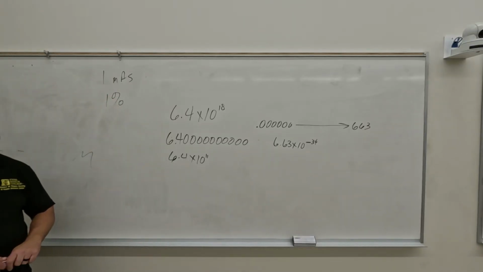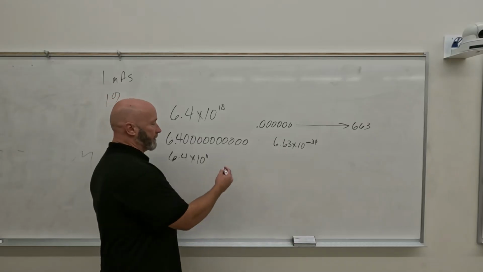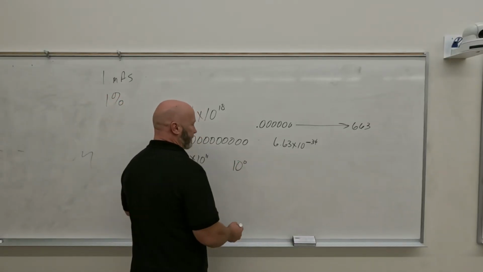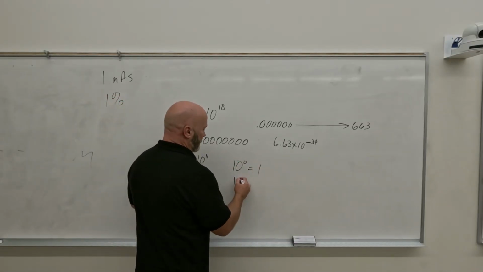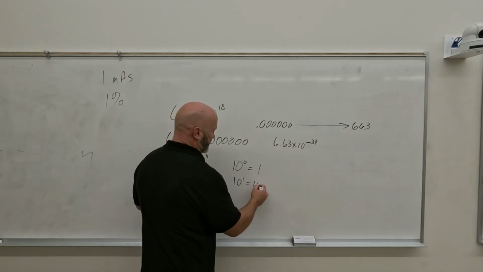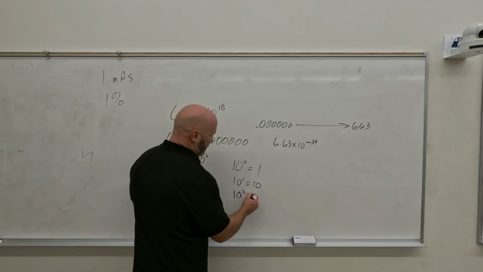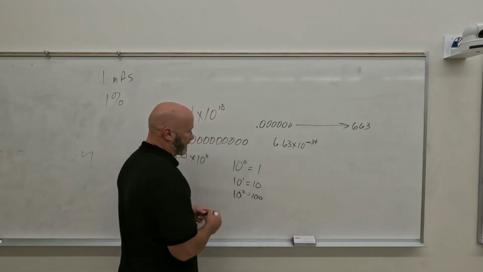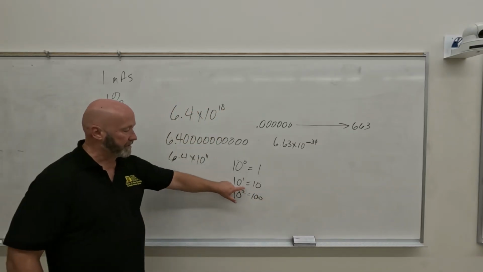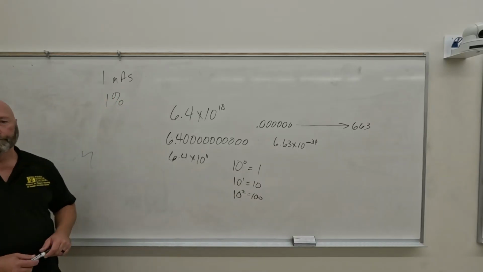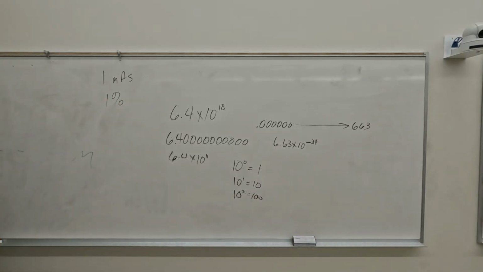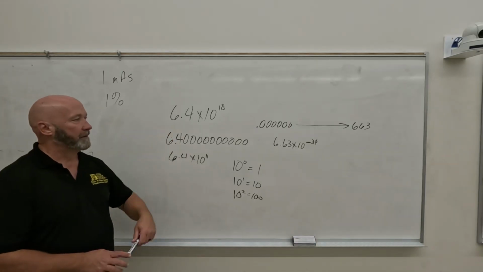Okay. Just other couple of little housekeeping things. 10 to the 0th power is 1, 10 to the first power equals 10, and then it goes truly exponential after that. 10 squared equals 100 and so on. So you just count the zeros essentially. You can add them, subtract them, multiply them, divide them.